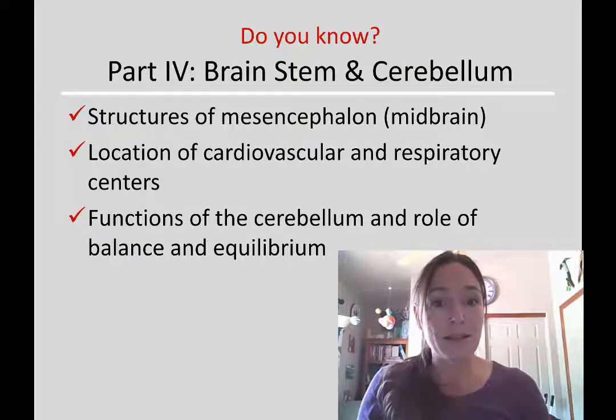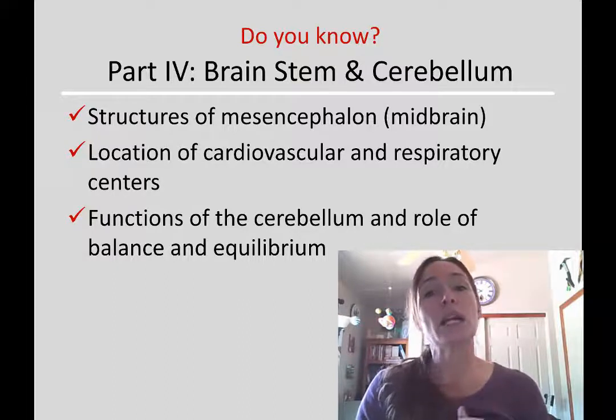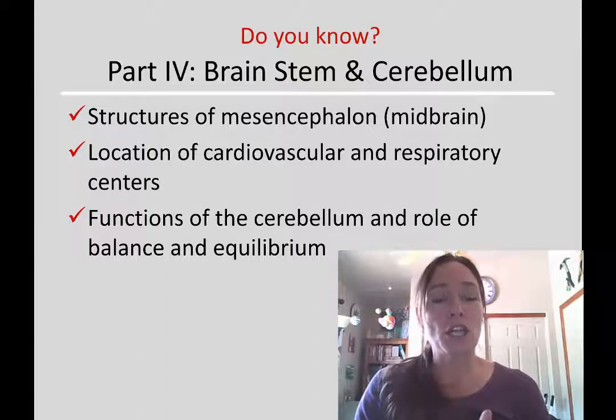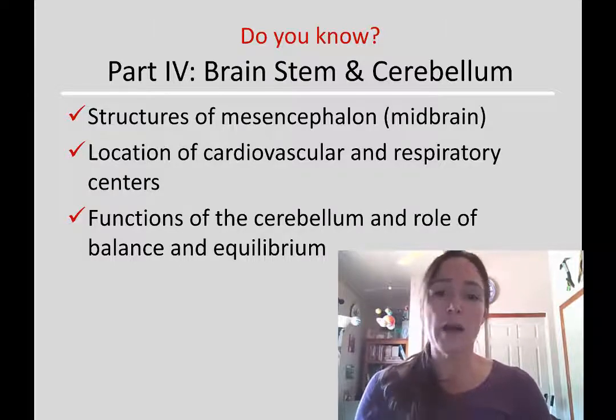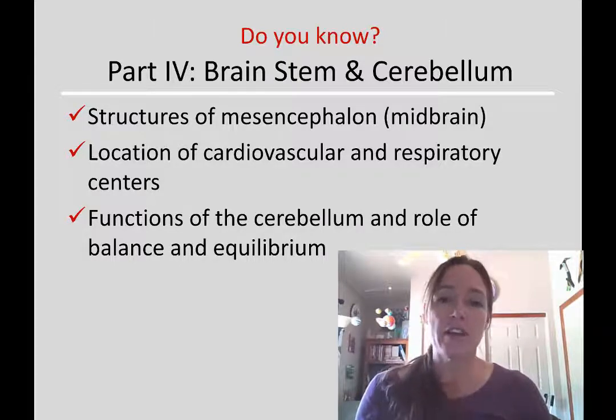And then I skipped the cardiovascular and respiratory centers. So the parts of the brain stem, we're focused on the second item here. The parts of the brain stem that you need to know are the pons and medulla. The pons helps with breathing and the depth of breathing, where the medulla oblongata is the part that's more the rate, but the medulla oblongata also helps control the cardiovascular system.